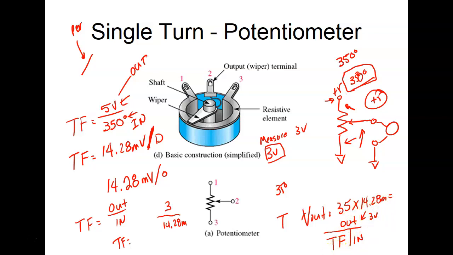What's the transfer function? 14.28 milli. And how would I solve for in? It'd be out, which is 3, divided by 14.28 milli. And then that should give us our degrees.